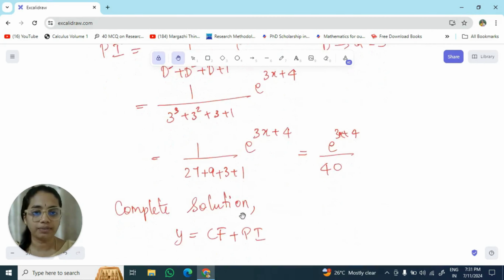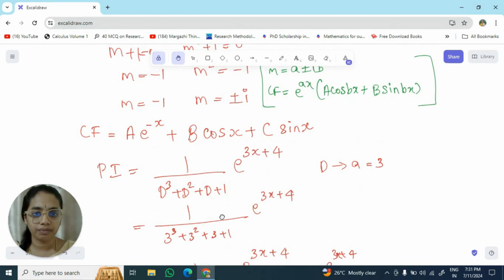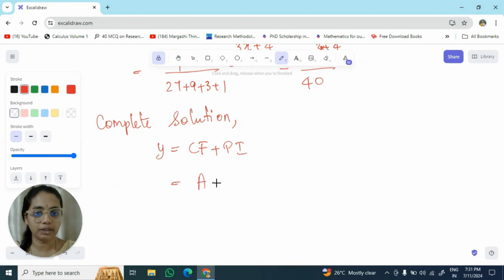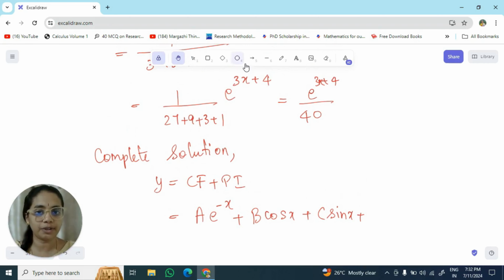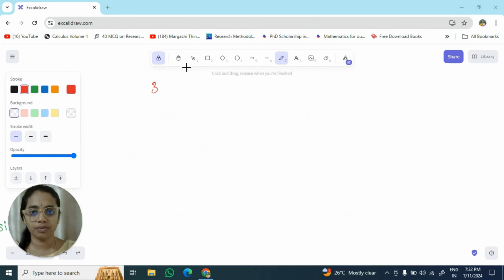It was a e power negative x plus b cos x plus c sin x plus, what is our PI? PI was e power 3x plus 4 divided by 40. As simple as that.